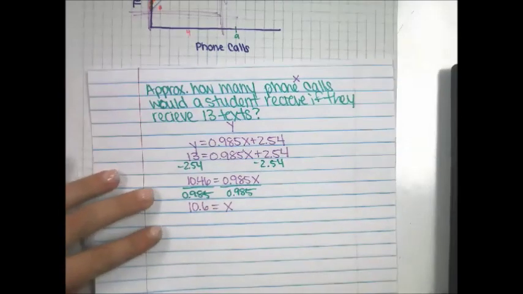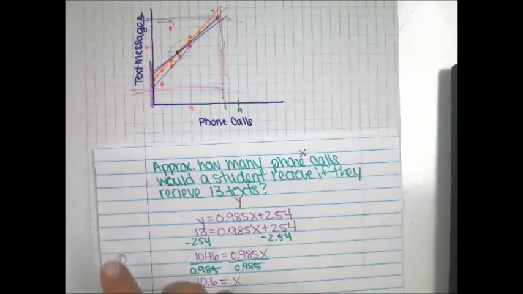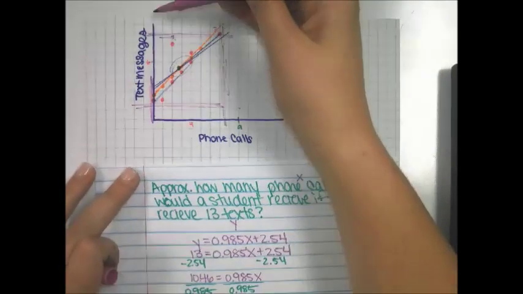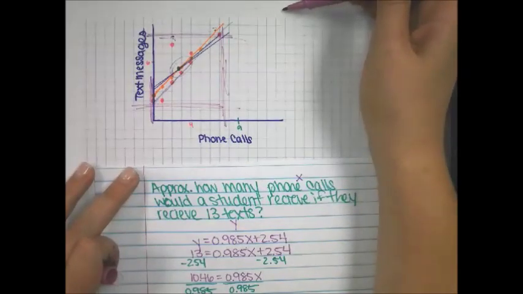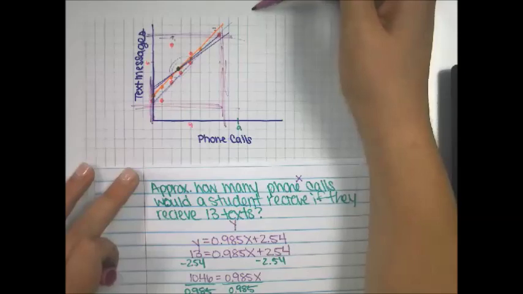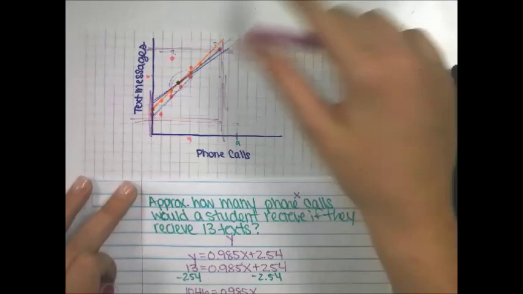But let's see how this looks on our data. If they receive 13 texts, that's going to go off my graph. So 6, 7, 8, 9, 10, 11, 12, 13. Okay, 10.6, there-ish. You can see that does fall kind of within our data.